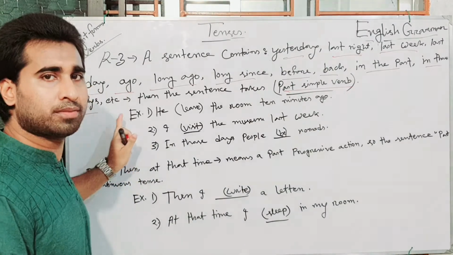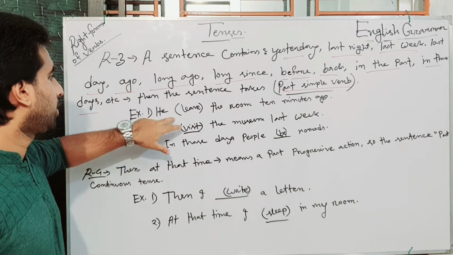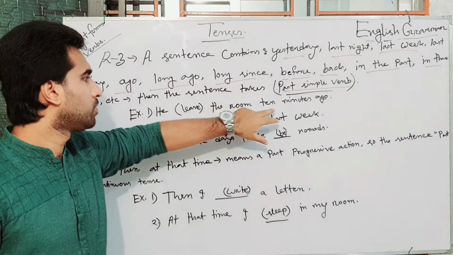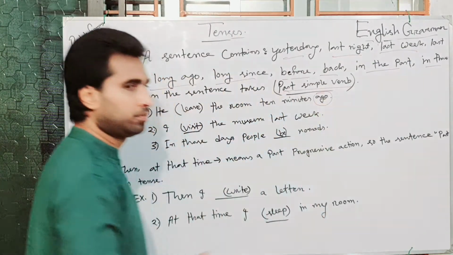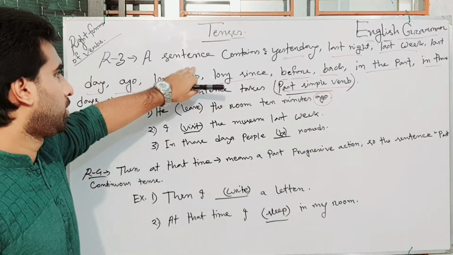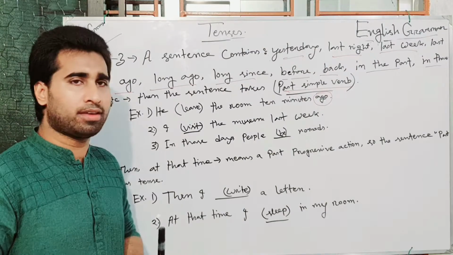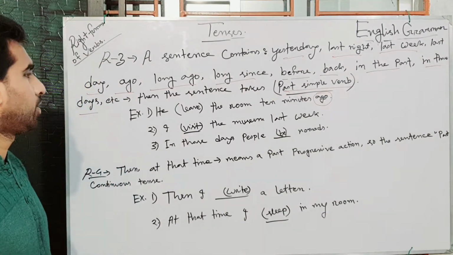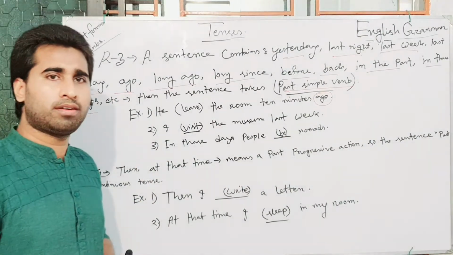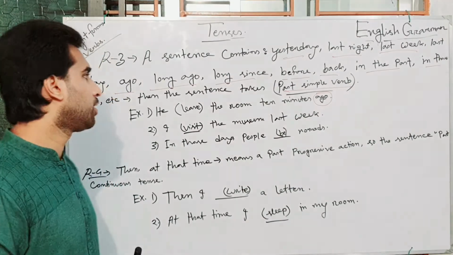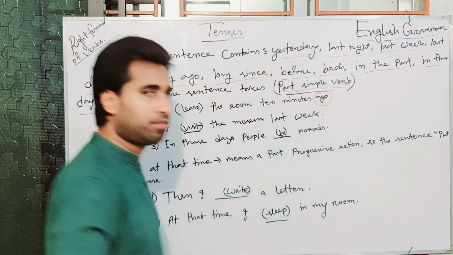So, dear followers, let's talk about some examples. The first one is: he left the room 10 minutes ago. In the sentence, we find the word ago. These words or phrases refer to a past action or past thing, so the sentence takes a past simple verb.